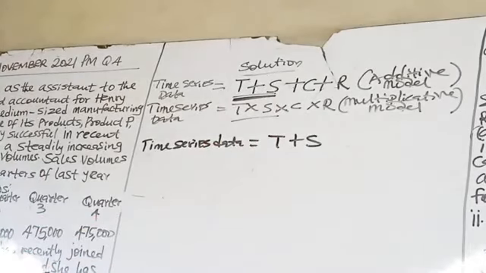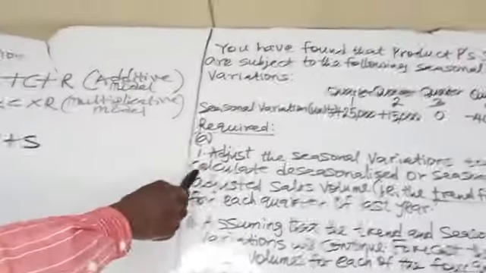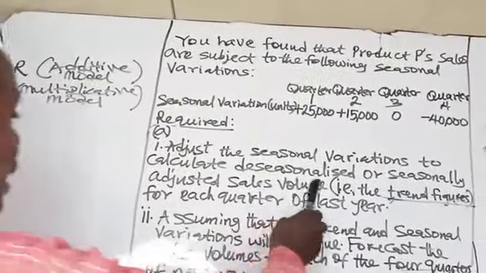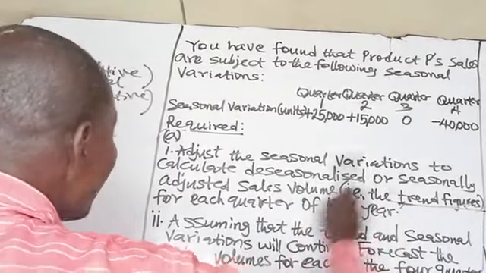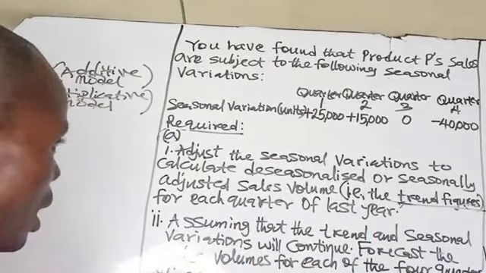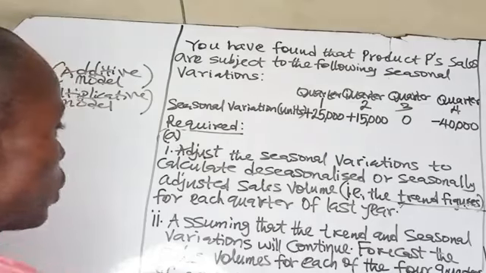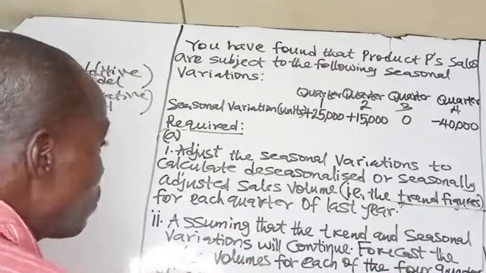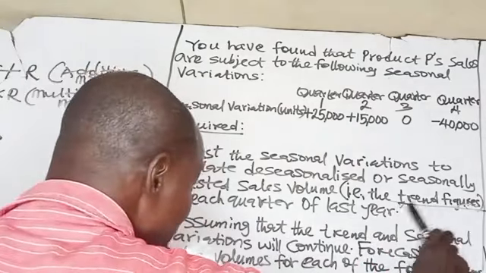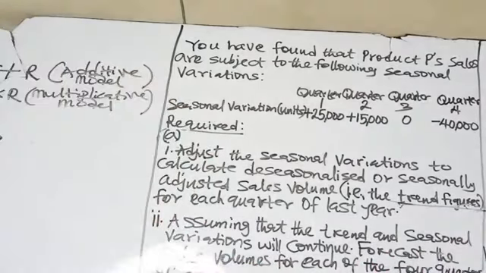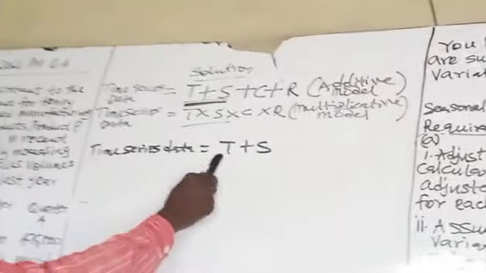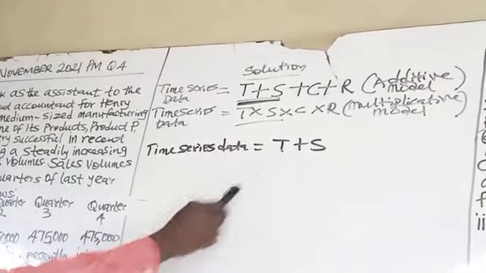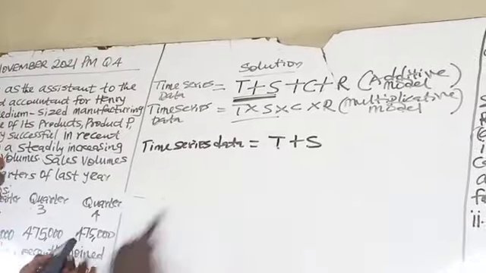In A1, you are to calculate deseasonalized or seasonally adjusted sales volume. I've told you to deseasonalize, or to estimate the seasonally adjusted sales volume. That means you are expected to calculate trend figures. Now, what is trend? This letter stands for trend, letter T. So let's make T the subject of the formula.